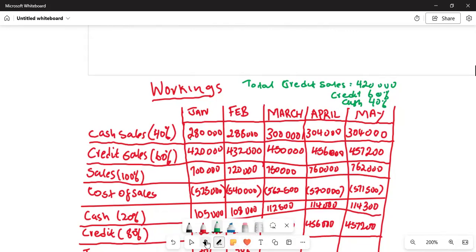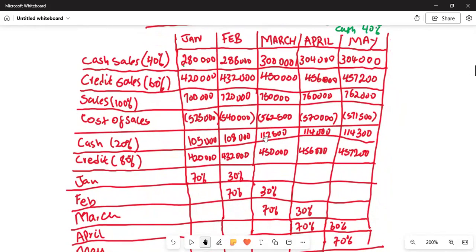So now we want to find what? The cash sales. So we are going to denote total sales as x. Since 60% of total sales equals 420,000, we know for sure that 60% is equal to 420,000.